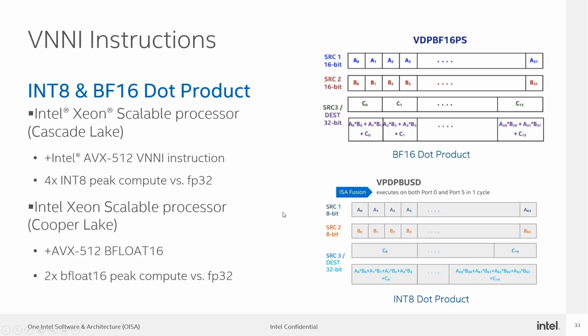In the third generation of Intel Xeon Scalable processors, called Cooper Lake, the bfloat16 sub-instruction set of AVX-512 was introduced. So it has 2 times the bfloat16 peak computation versus float32.